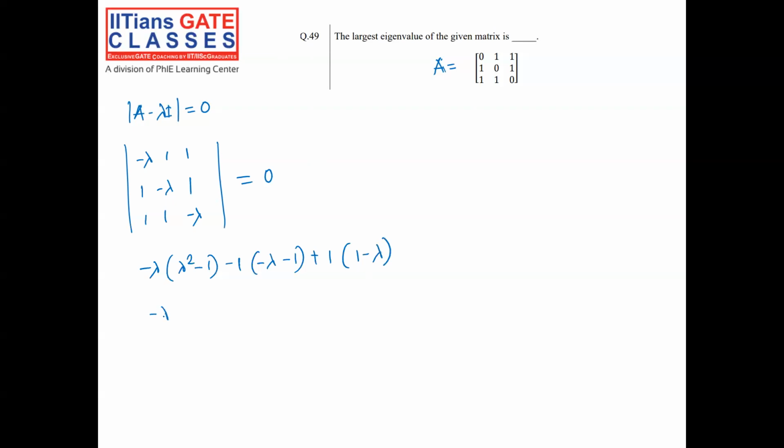So it is minus lambda cube plus lambda. Okay, here I think it should be plus lambda. Yeah, minus lambda cube plus lambda plus 1 plus 1 plus lambda. So it is minus lambda cube plus 3 lambda plus 2 equal to 0.